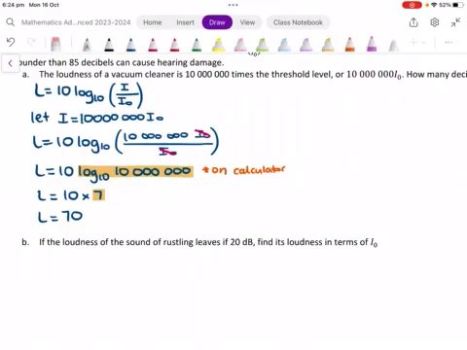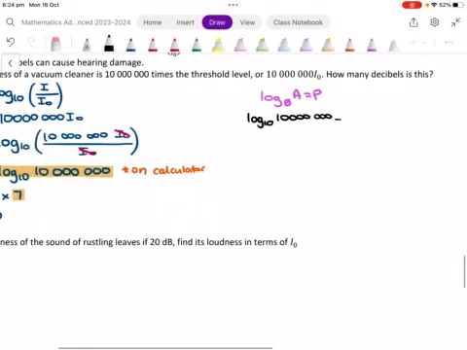Now, if we looked at our log BAP, we have log base 10 of 10 million. And what we are trying to do is find out what this power P equals.